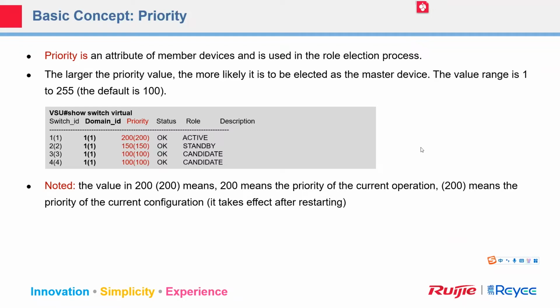The first priority means the current priority. And the second priority means the configuration. Because after we change the priority, we have to reload the configuration again. So finally, these two values will be the same. But before we reload, the values may be different. So this is the priority.